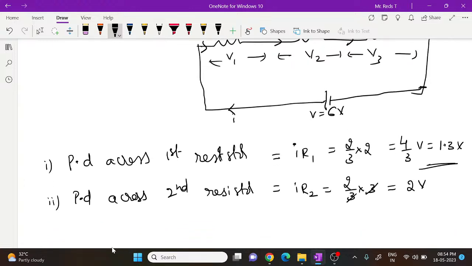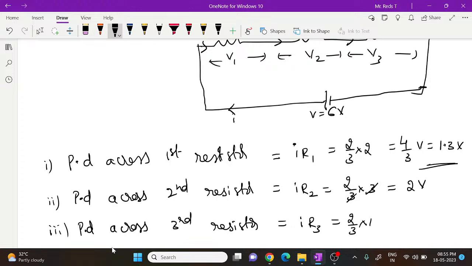Then next, potential difference across the third resistor is equal to I R3. I is 2 by 3 only, into R3 which is 4.